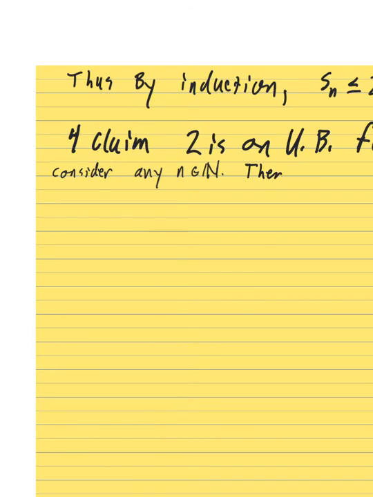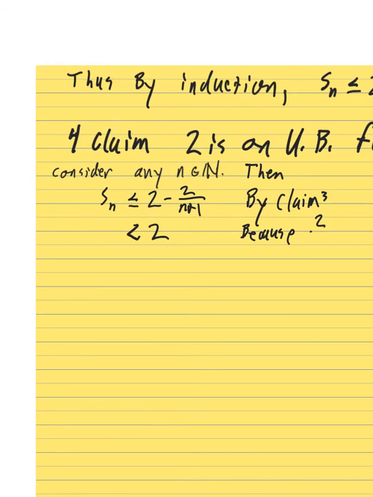Then S sub n is less than or equal to 2 minus 2 over n plus 1 by claim 3. That in turn is less than 2, because 2 over n plus 1 is bigger than 0. Oh, nice.